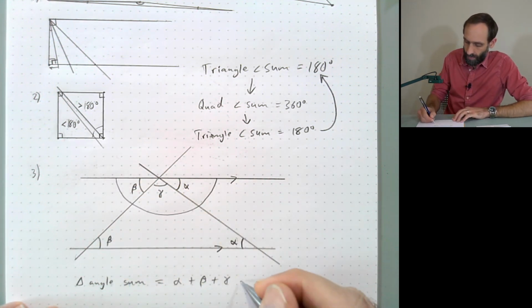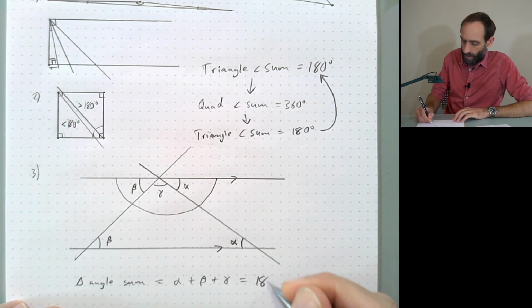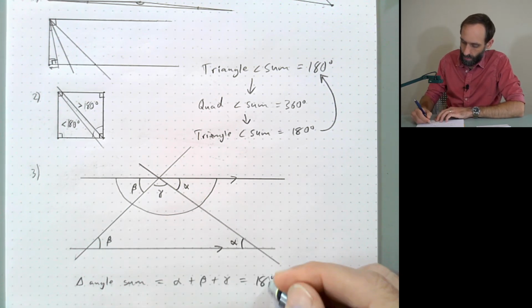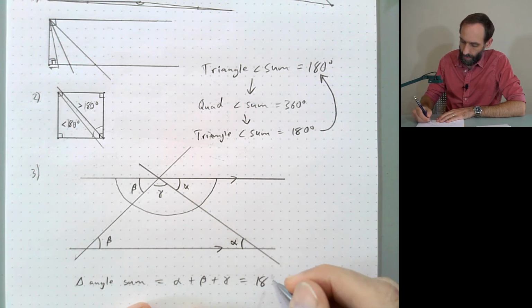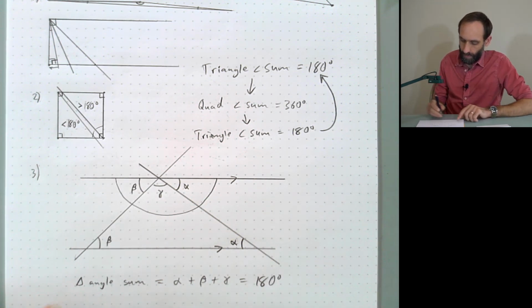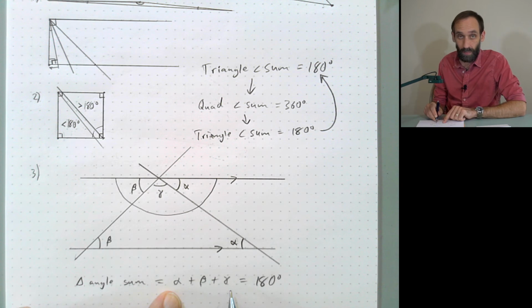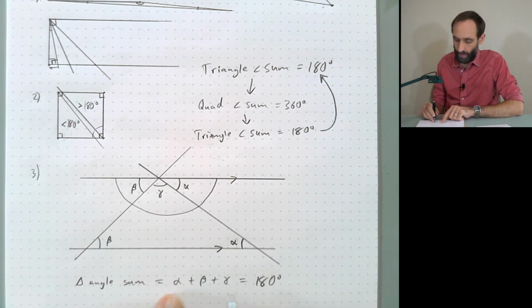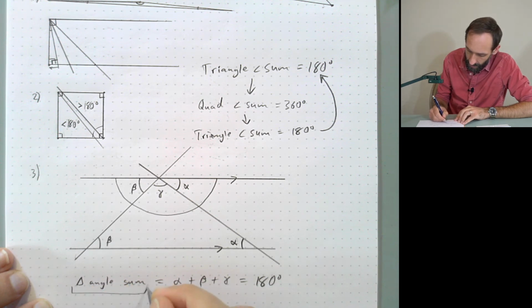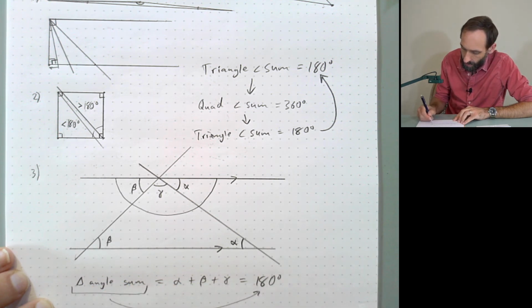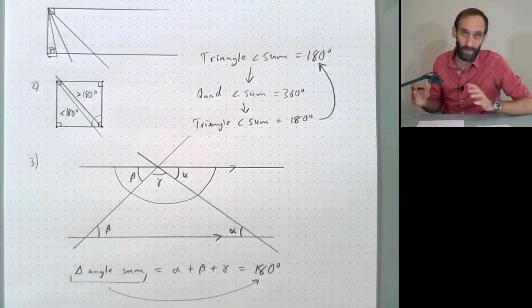In other words, they equal 180 degrees. Well, if the angle sum equals alpha plus beta plus gamma, and alpha plus beta plus gamma equals 180 degrees, that must mean that the triangle angle sum does in fact equal 180 degrees, right?